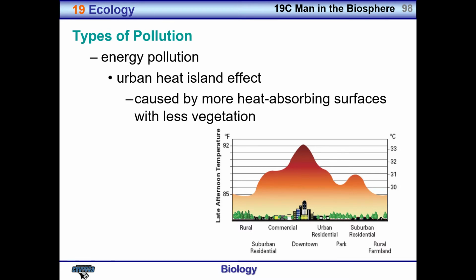And the reason for that is in downtown we have a lot more paved streets, a lot less vegetation. The pavement, the concrete, the black roofs all absorb heat, and that heat then heats up the air that's over it and makes it much warmer in the cities than it is out on the edges of town.